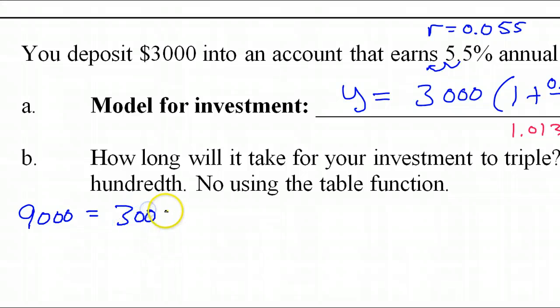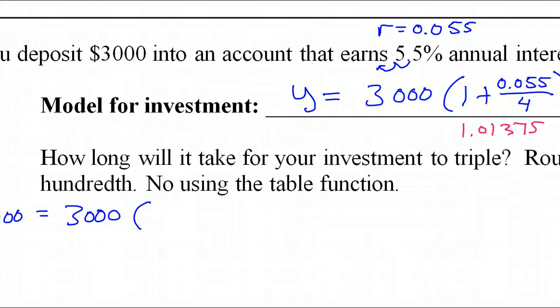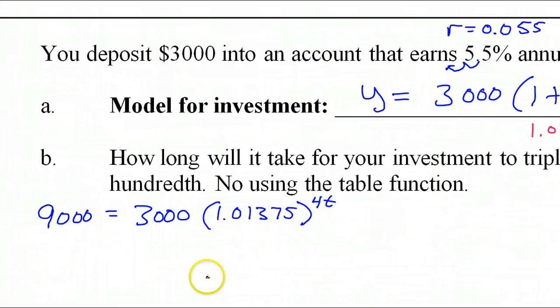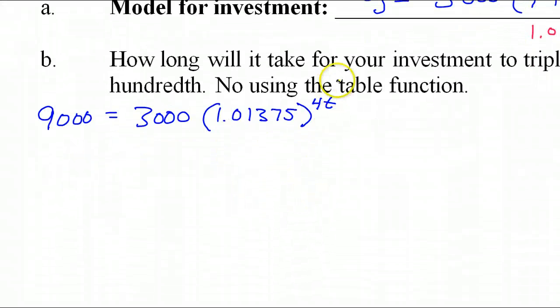So 3,000 times, and again I'm going to use my little decimal there, 1.01375, to the 4t power. Remember. So now I just have to solve this for t, and that will answer the question how long.